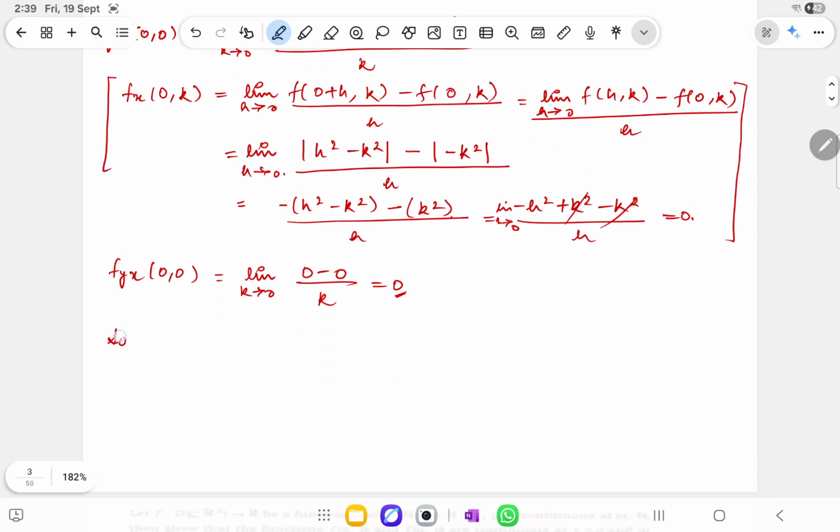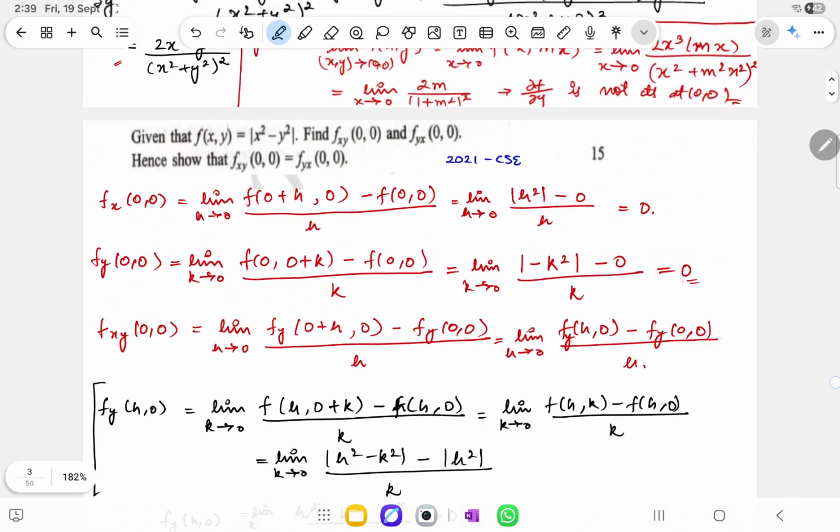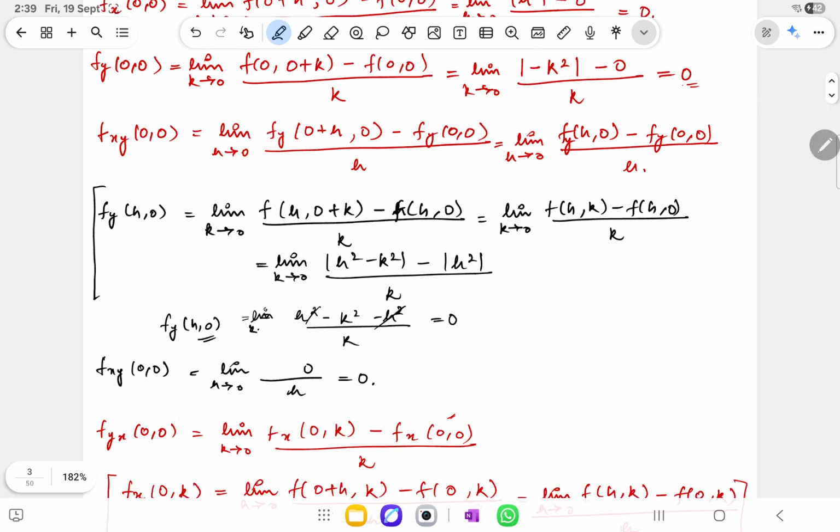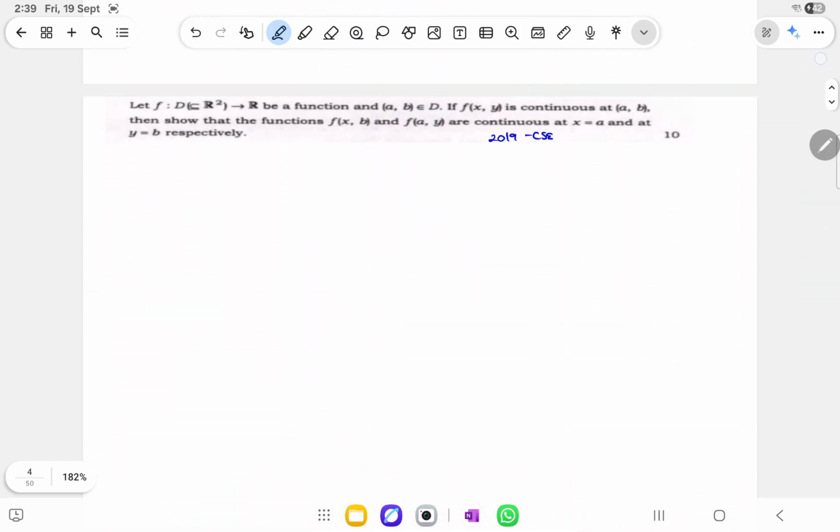So our f_xy at (0, 0) is the same as f_yx at (0, 0), and this is what we are supposed to show in this question. We are supposed to find these limits, and further conclude that both these limits are equal. So let's move on to the next question.